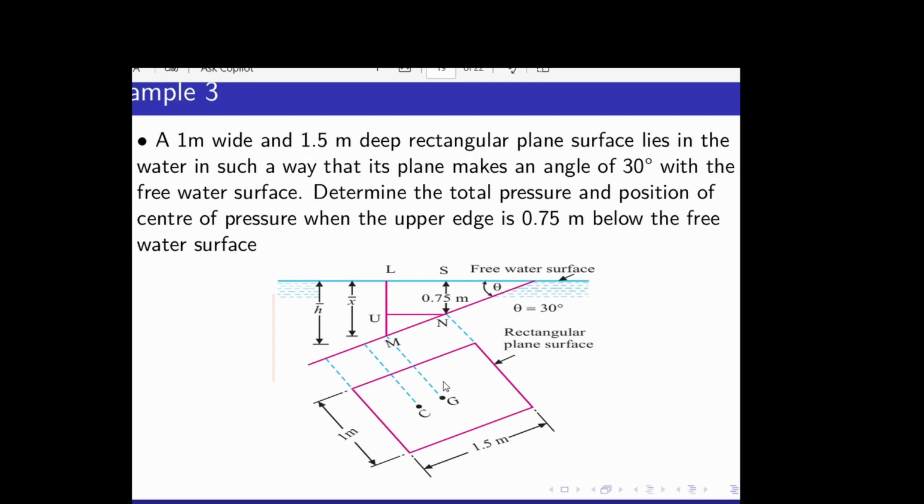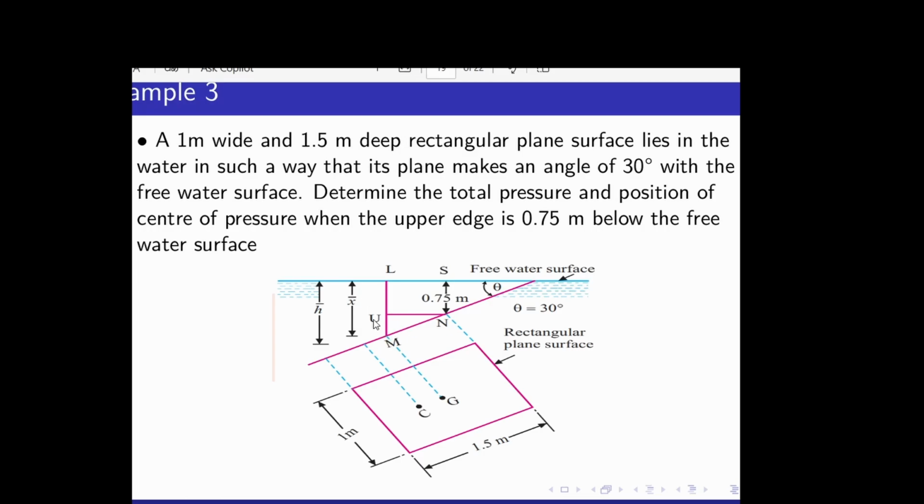They're saying that from here, suppose this G is at this point. So from here to there, we are going to look for LM. LM will be given by LU plus UM. And that should be the distance x bar.